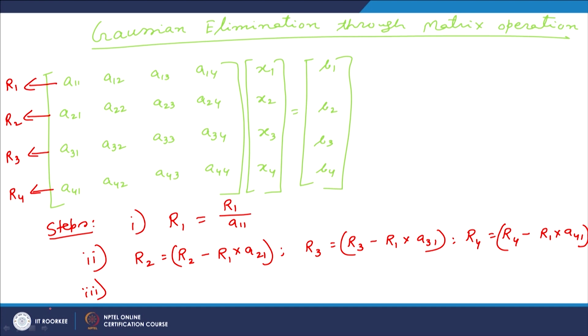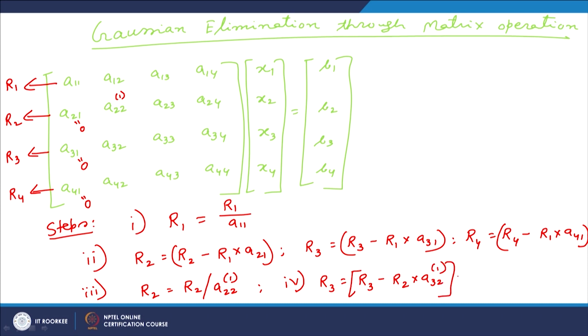Then after that we do R2 equal to R2 by A21, because you see this will become A21. Then in step 4 we do R3 equal to R3 minus R2 into A31 and R4 equal to R4 minus R2 into A41. So, this is what we will do.